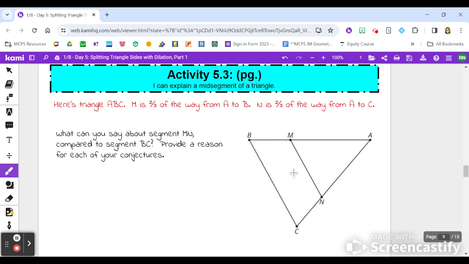Here is triangle ABC again. M is 2/3 of the way from A to B, and N is 2/3 of the way from A to C. So to me, that means I'm going to write down my center of dilation is point A. And I also know my scale factor is 2/3, which means my image is getting smaller than my pre-image.